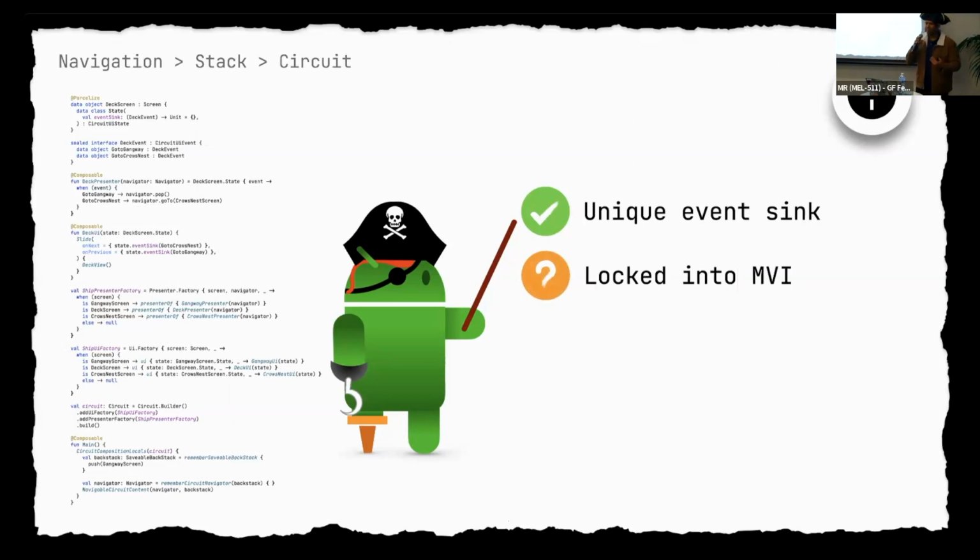So if you're not a fan of doing events and state and having this whole MVI pattern implemented, this is not going to be your choice of library because you can only really do MVI, nothing but MVI. And it is also too verbose. I think we can technically solve it. Look at the font size here and see how verbose it really is.